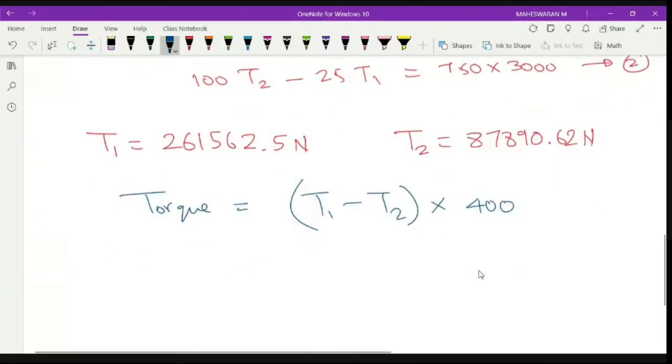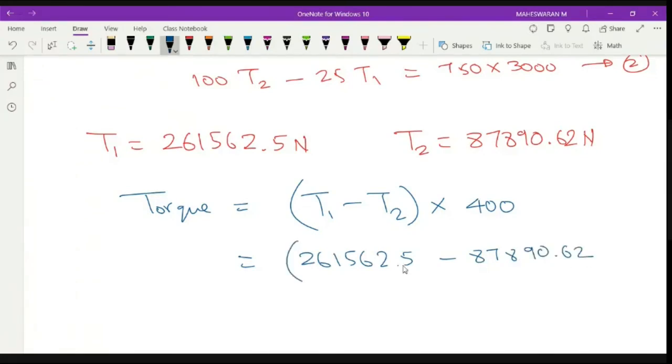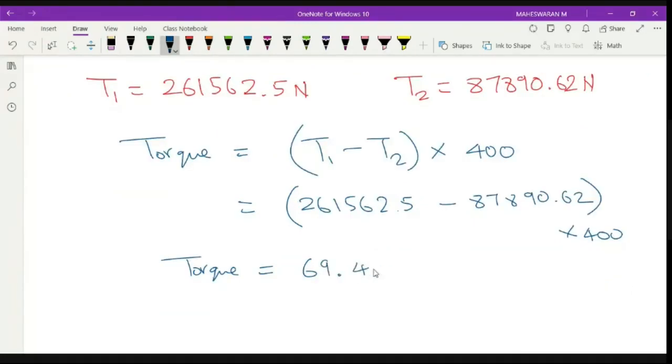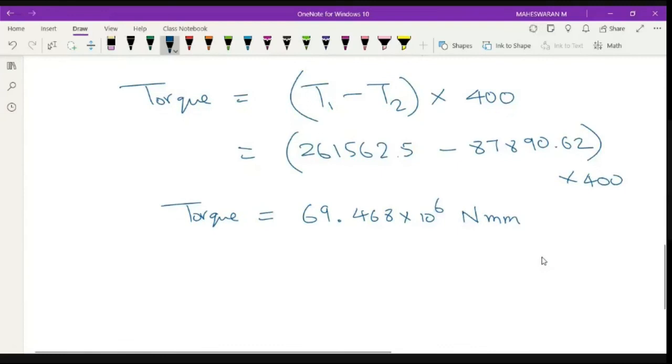So it is 261,562.5 minus 87890.62, into 400. So what is my torque? 69.468 into 10^6 Newton-mm. Okay, so this is my torque.